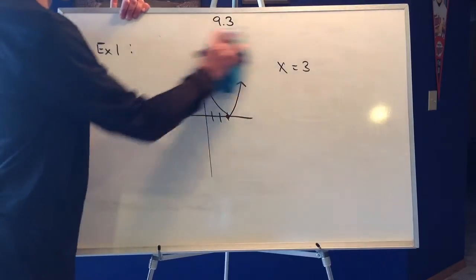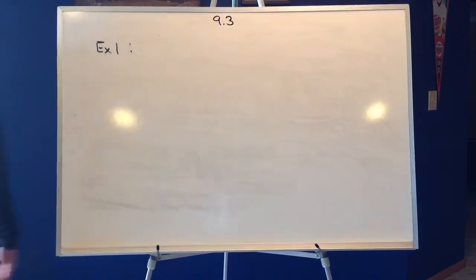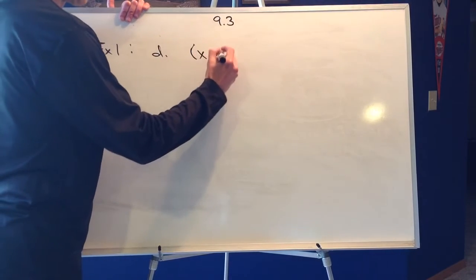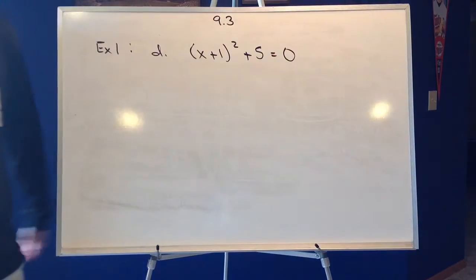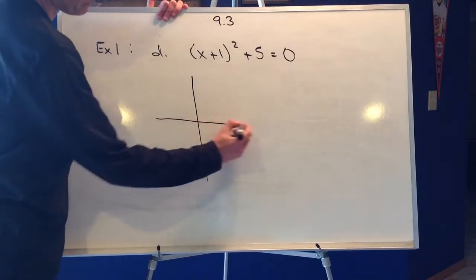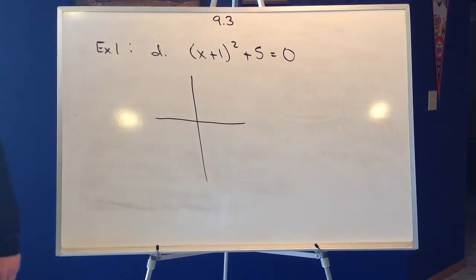Okay, we can end up with 1 answer, or as we're going to see on the next one, you can end up with no answers. Okay, so if you graph the last one I have for you guys then, okay, when you graph this one, you're going to notice that it doesn't even touch.